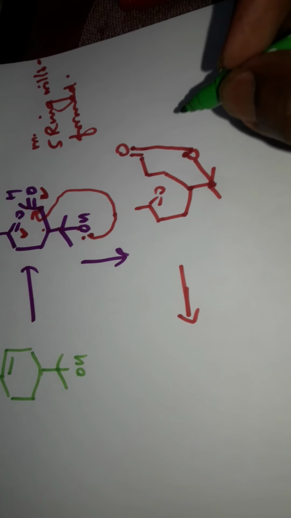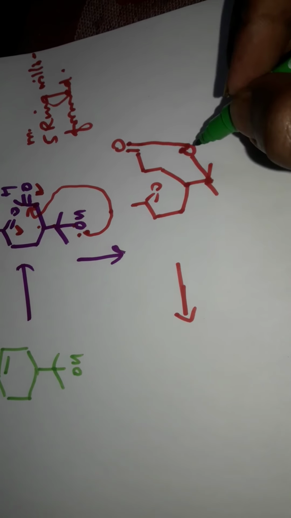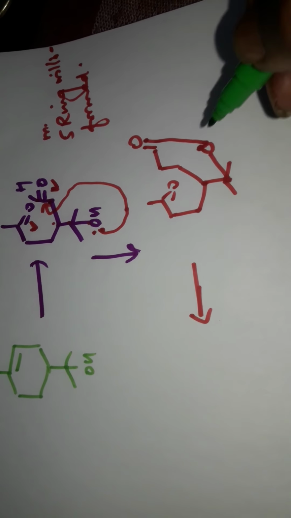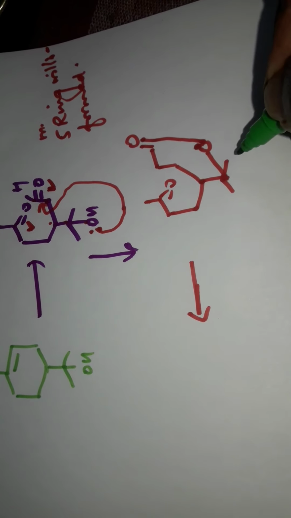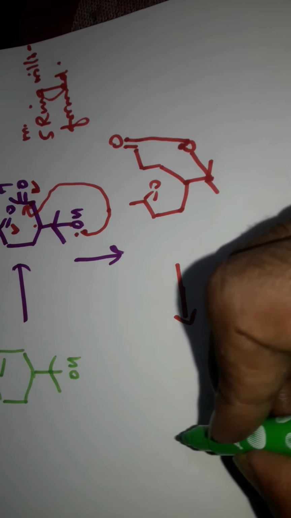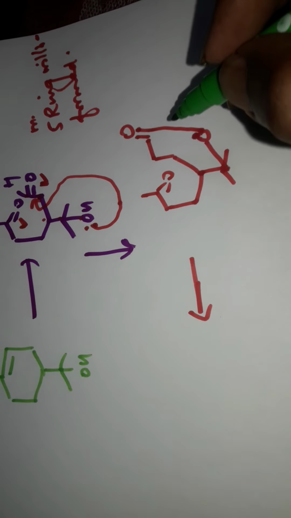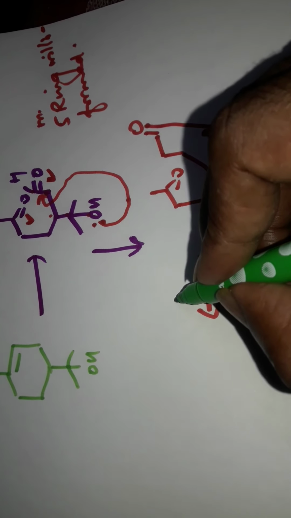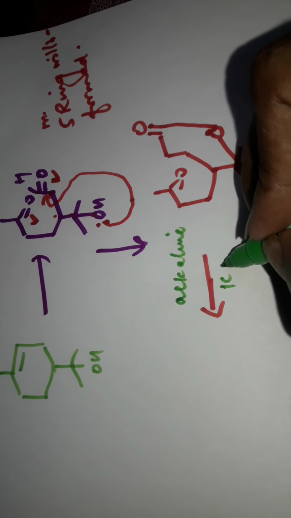You should understand how to draw it, so that in exams you can easily draw the mechanism and clearly find out the product. First of all, alkaline KMnO4 and heat is given here.